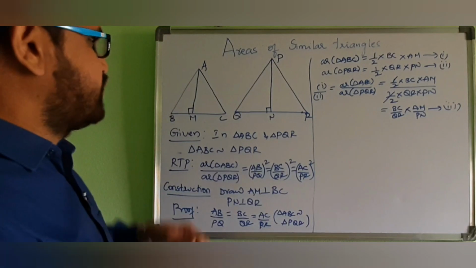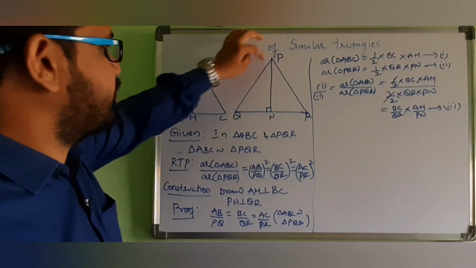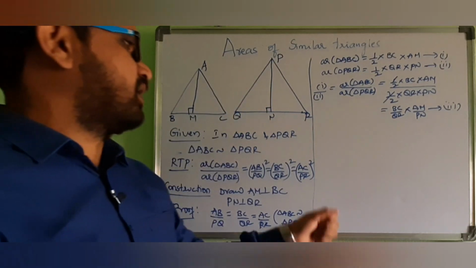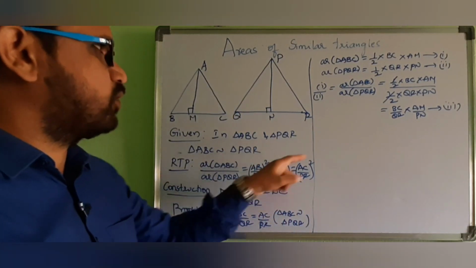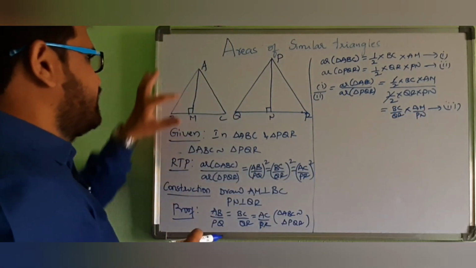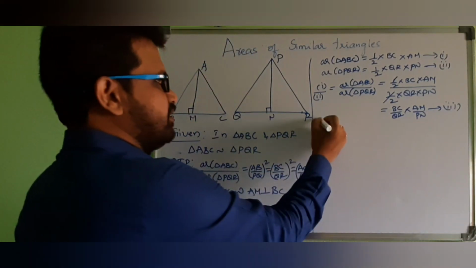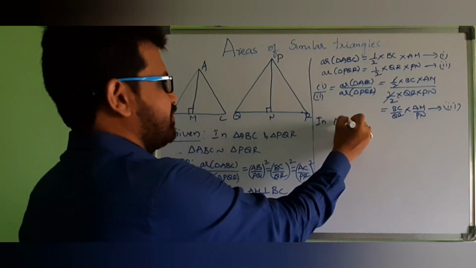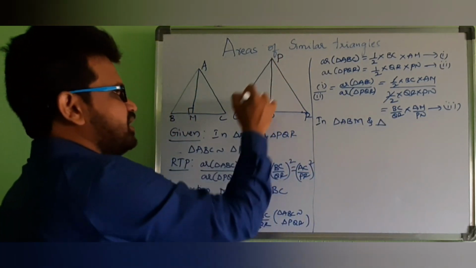Again, if you observe here, we can take this triangle ABM, and in this I am taking PQN. Why? Because we need to get AB by PQ whole square and BC by QR whole square. Here we have one BC by QR. AM by PN means this is AM and this is PN. I am taking these two triangles, triangle ABM and triangle PQN.